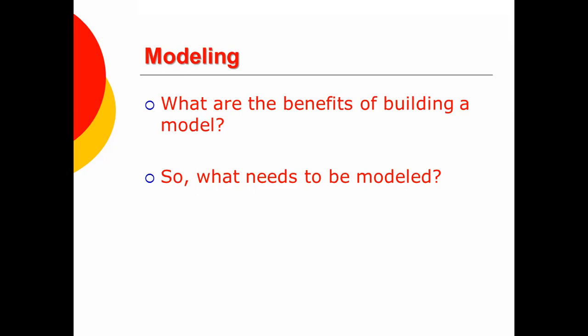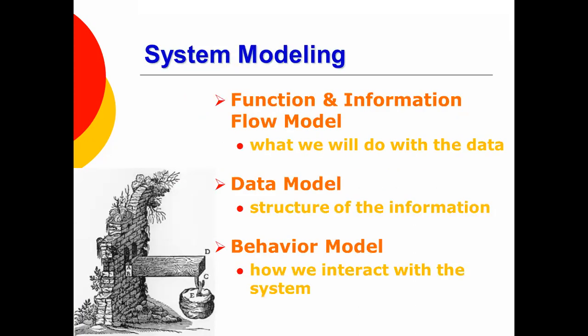What needs to be modeled? Here we will check the different stages or points of using those models, and what the different needs are for that particular model. System modeling, how we will do it, and what the requirement for the modeling is? Here we can see the function and information flow model.